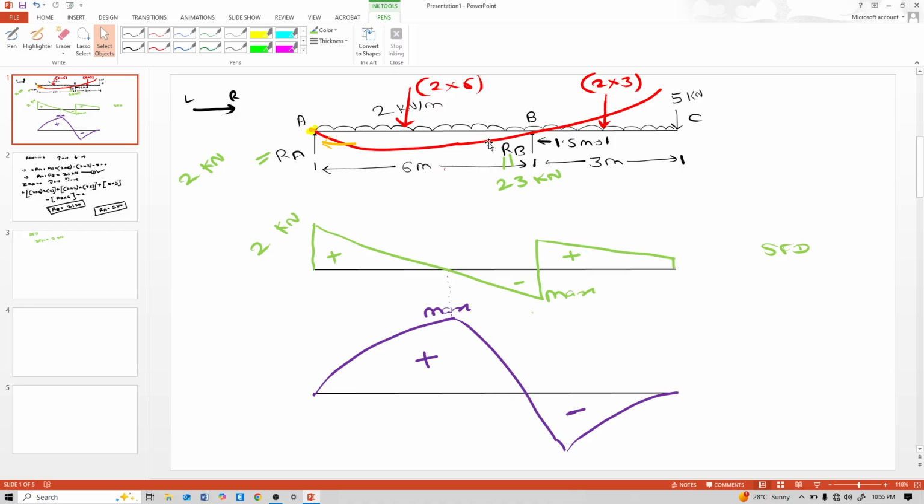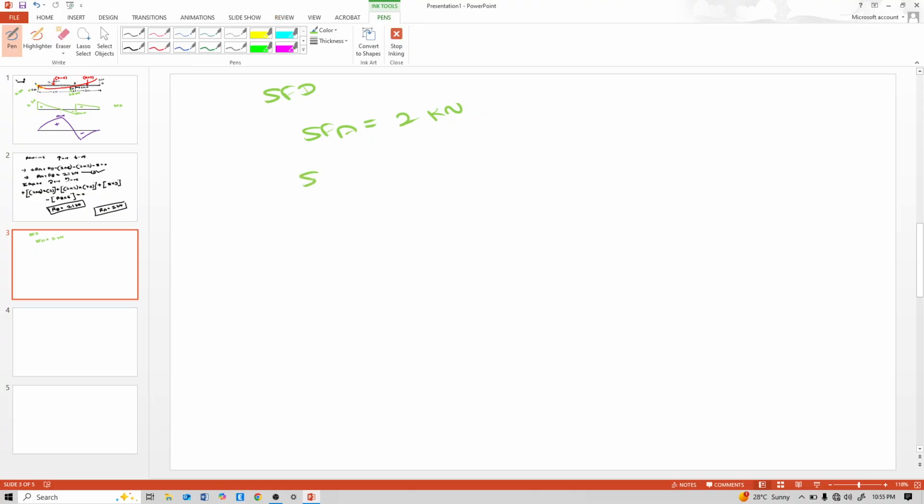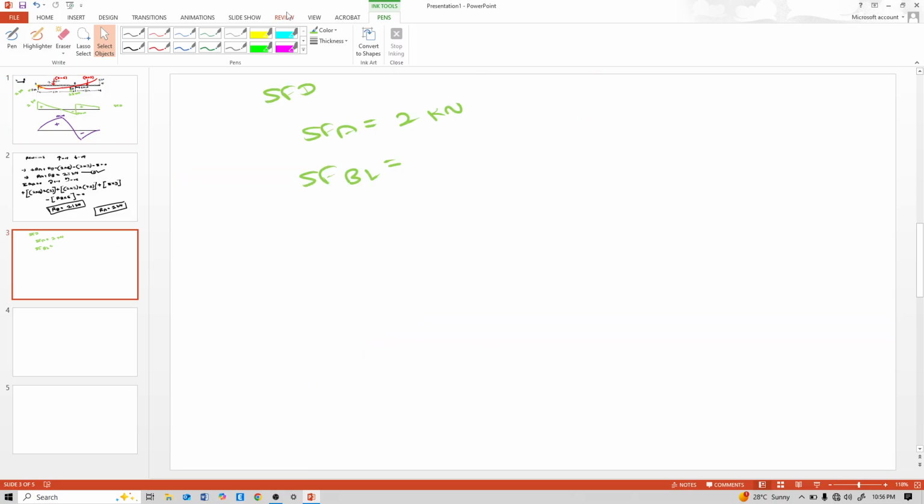Shear force just left of point B: the support reaction RA minus 2 into 6. This is minus 10 kilonewton.